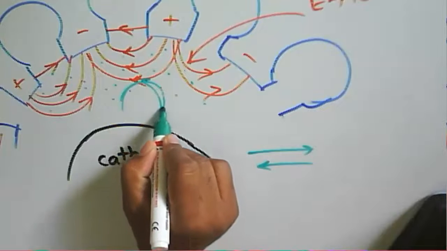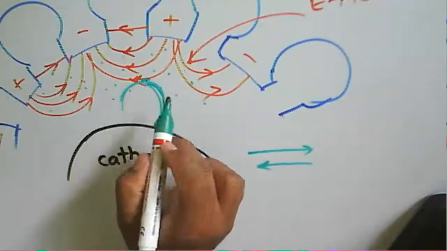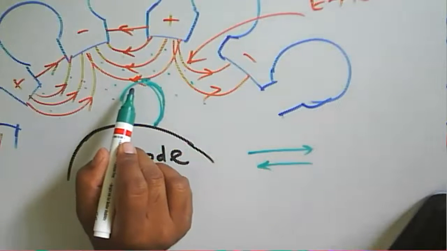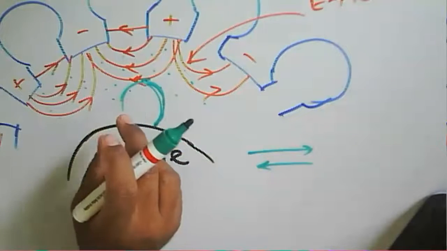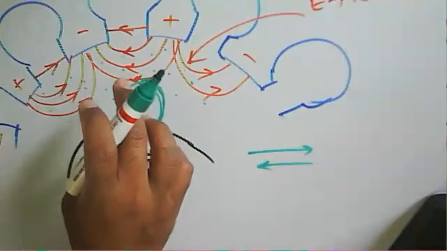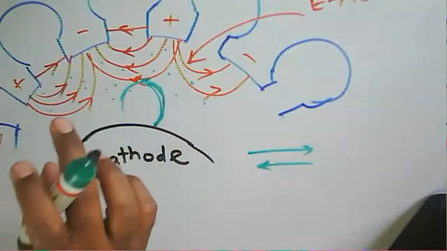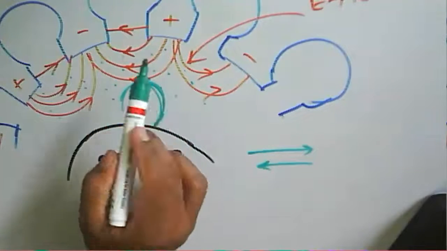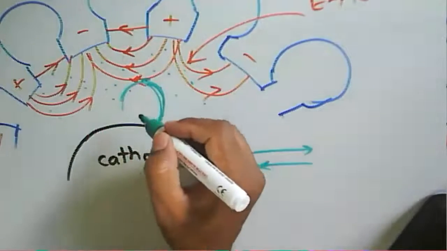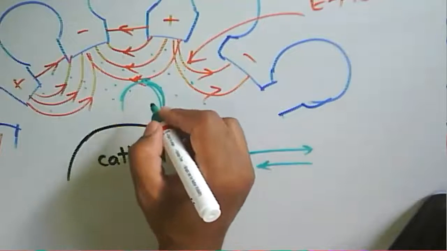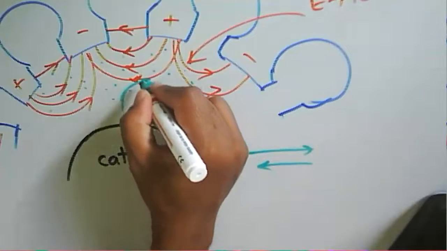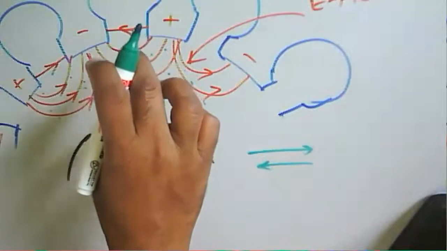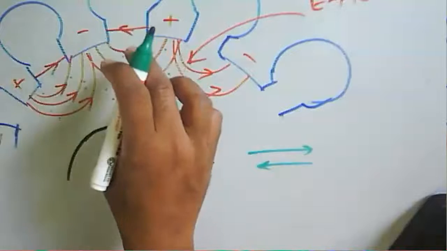If an RF field is present here, and the electron has some energy, some velocity, and interacts in this region, then because of this RF field it has to give energy to the RF field.